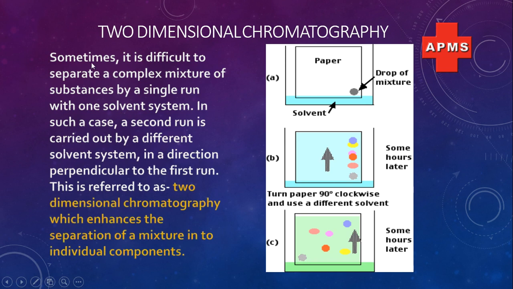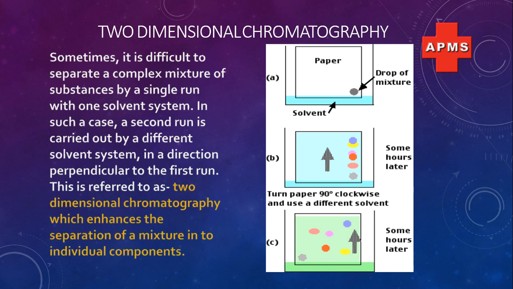What is said here is that sometimes it is difficult to separate a complex mixture of substances. A complex mixture means that only one solvent or one solvent mixture as mobile phase cannot work perfectly for all types of sample components present in our sample.